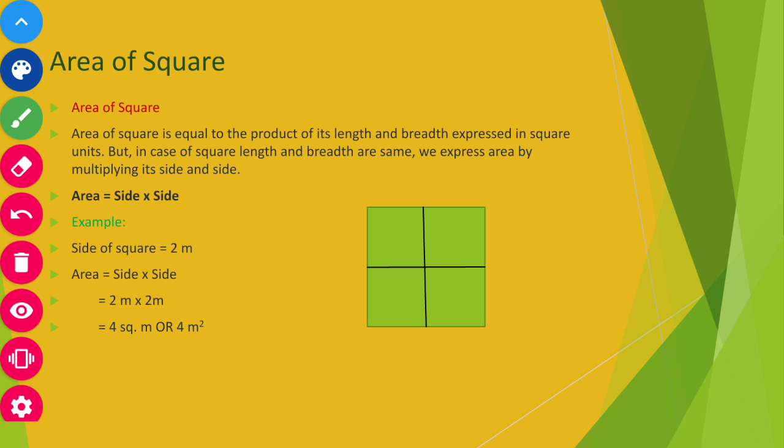Here, find the area of the square. How will you find the area of the square? The area of the square is equal to the product of its length and breadth. A square has all sides equal, isn't it, children? Children, do you know what length and breadth are?